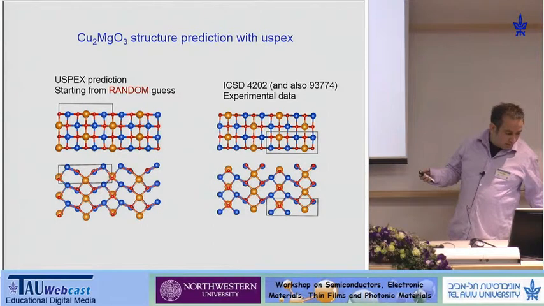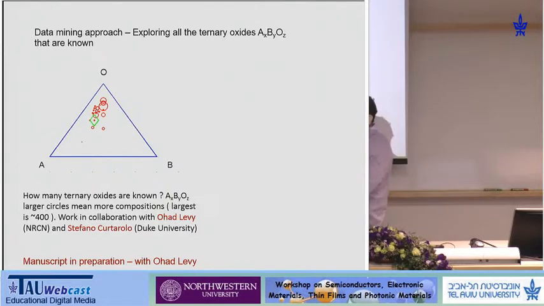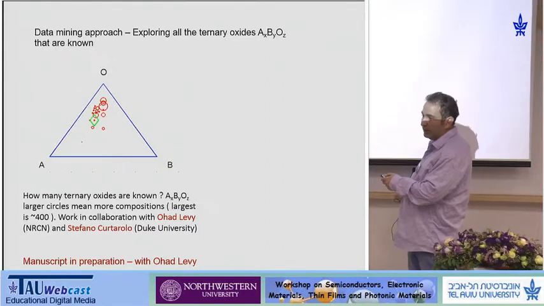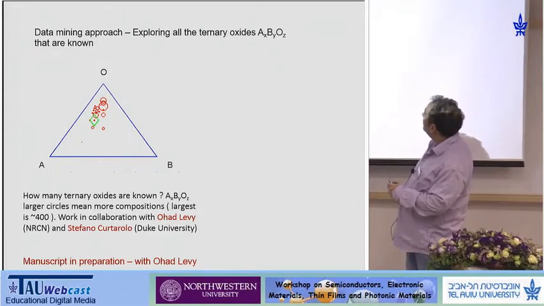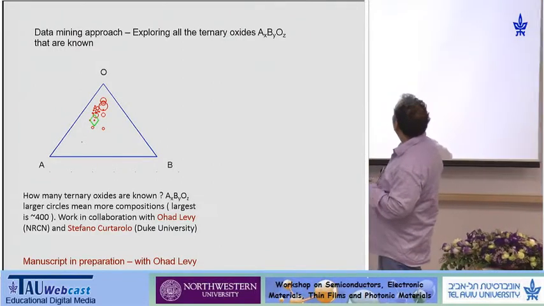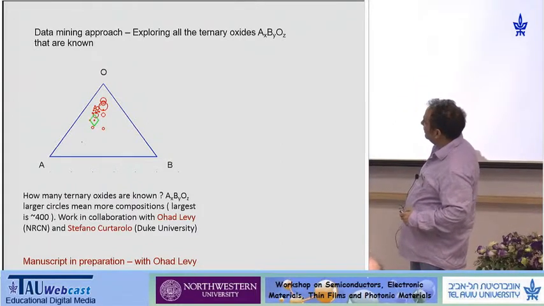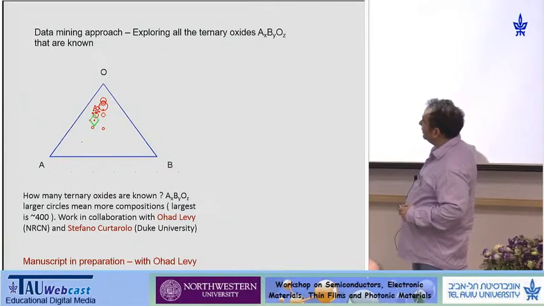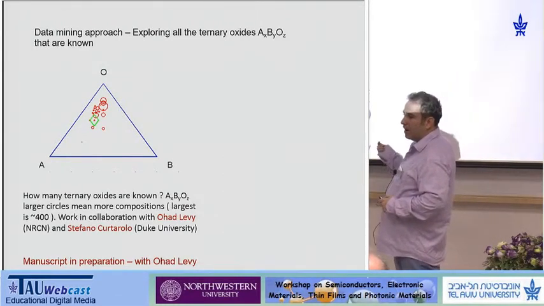We now try to build a different concept, which is related to the older concept of data mining using different possibilities of structures, where we simply collect all the ternary oxides that are known. In this graph, we look at AX, BY, OZ, and you see here A, B, O, and this should be symmetric, so I don't draw this line. And basically, this says how many compounds are there in ICSD that are A1, B1, O3.